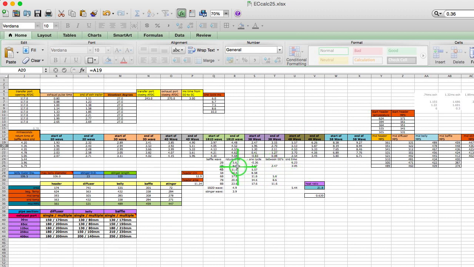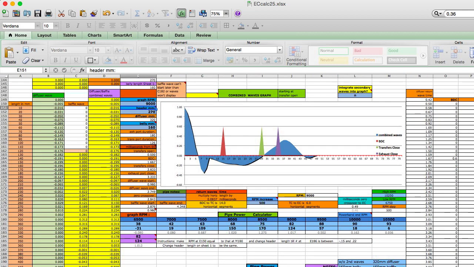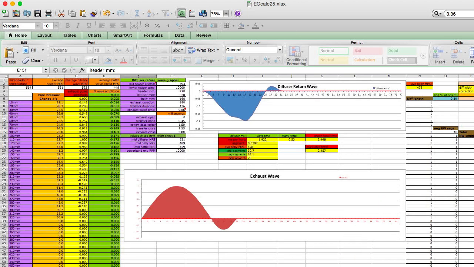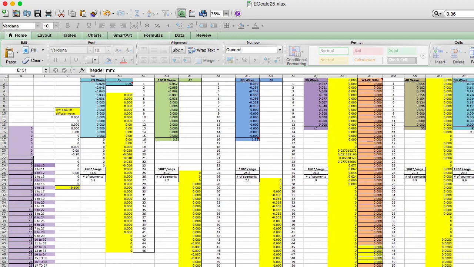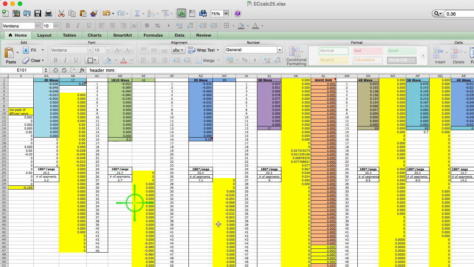And here you have a little calculation of some others that aren't included: 6B, 7B, 8B, 1B, 2D, and the Stinger wave, which is, like I said, too small to consider. And on sheet 3, the calculation is done at the top to the right of the diffuser wave calculator. All this is new right here. All these calculations for the secondary waves.